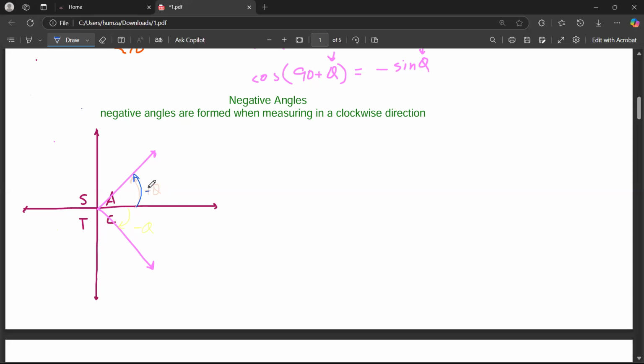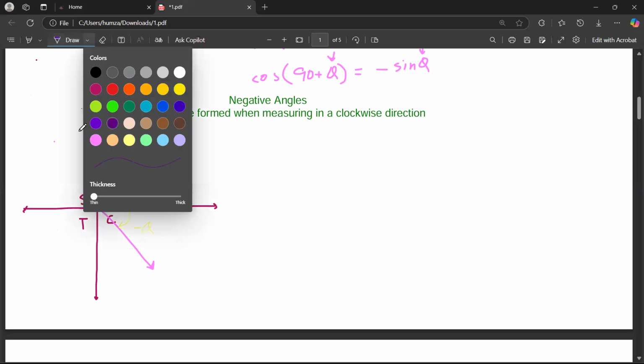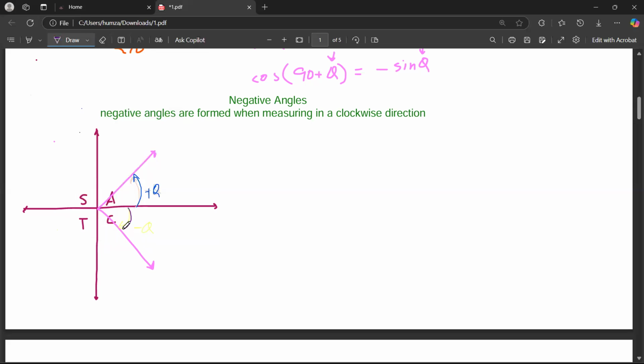So this is the positive theta. Now this is your negative theta. So we said that if we measure from the x-axis in the anti-clockwise direction, we will get all the values of theta positive.